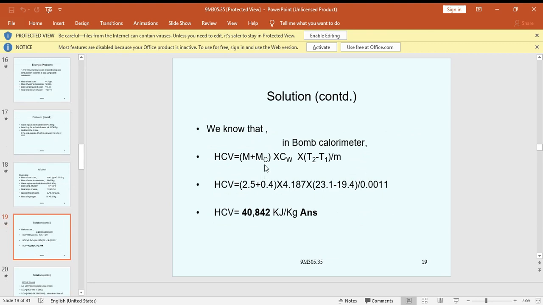HCV equal to (M plus m) into Cw into (T2 minus T1) by m. That is, (2.5 plus 0.4) into 4.187 into (23.1 minus 19.4) by 0.0011. You calculate HCV equal to 40,842.